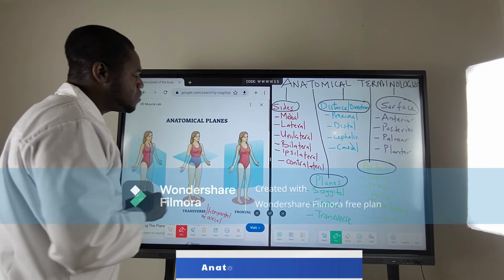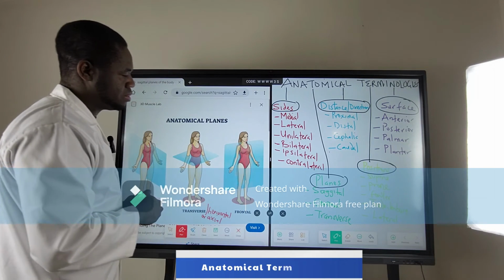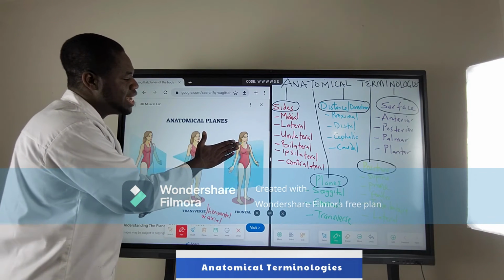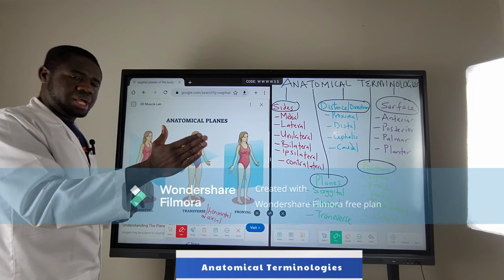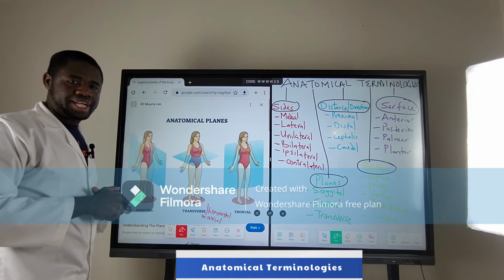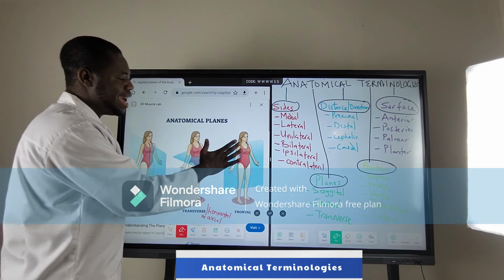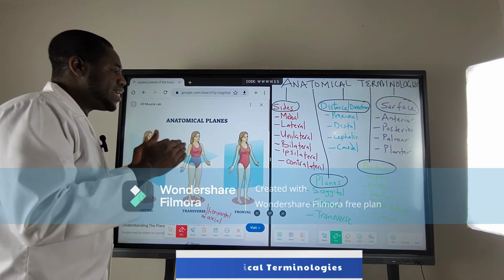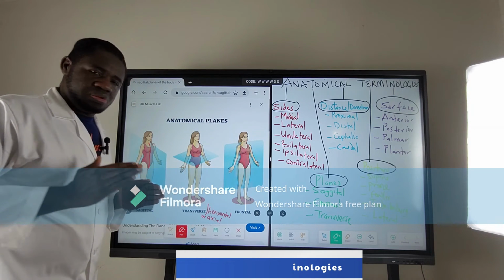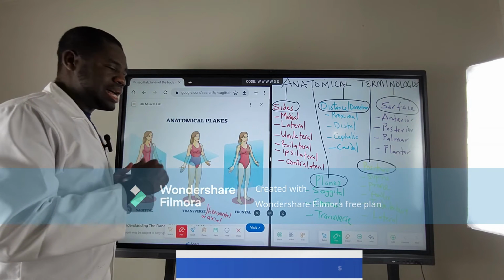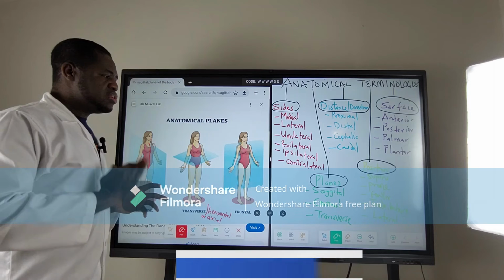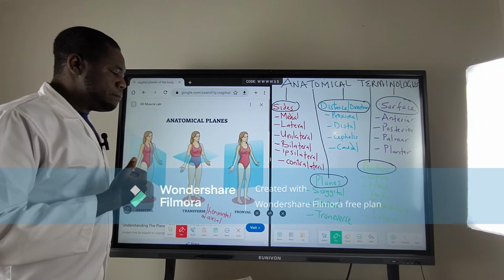We also have the coronal plane. The coronal plane divides the body into anterior and posterior sides. That is, it divides the body into front parts and back parts, into front side and back side.